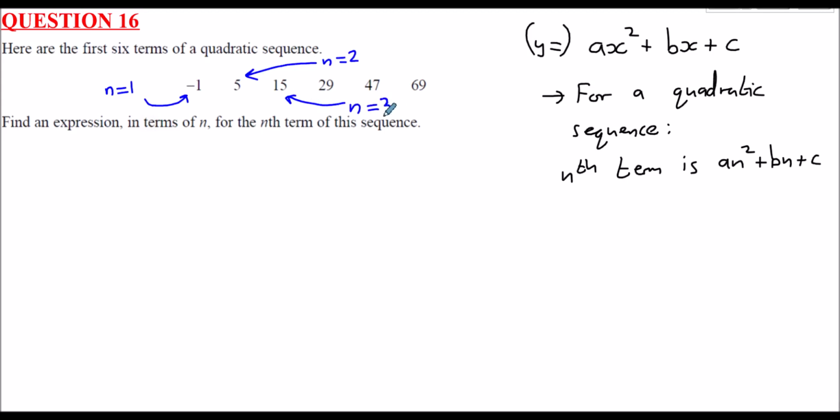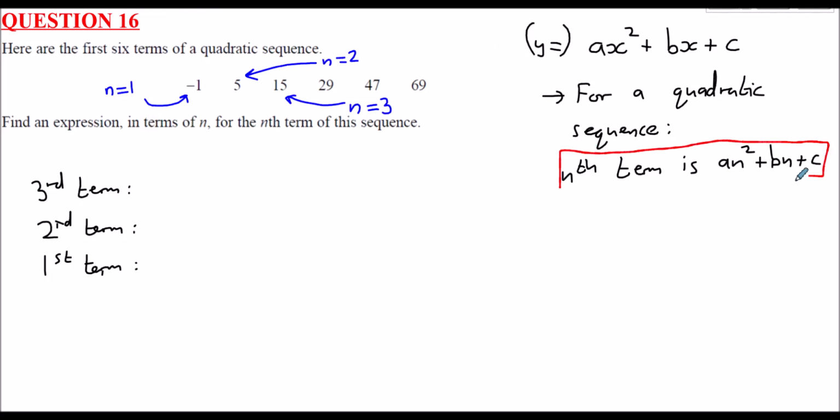that's n equals 3. So what I'm going to do here is 3, 2, 1. So the third term, second, and first. Like I say, the general form for the nth term of a quadratic sequence is an squared plus bn plus c.